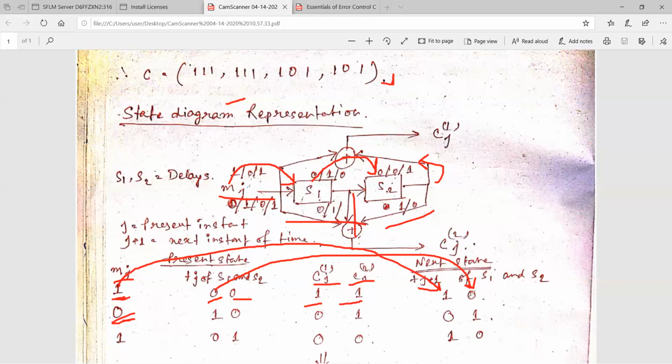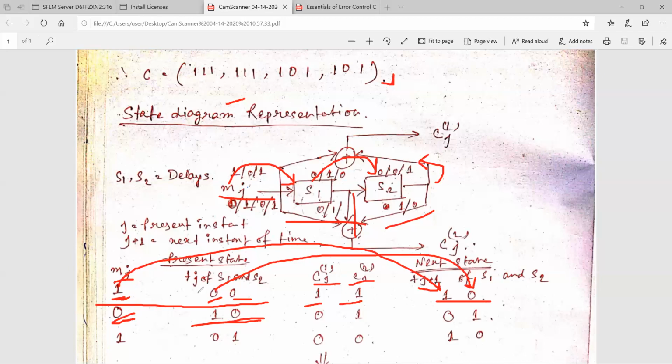So that is my next step, and that next step in the first row will be the present state of the second row when I'm feeding a new bit at message. So when 0 0, then already these bits are shifted to S1 and S2. So now we can consider the present state of S1 S2 as 1 0.